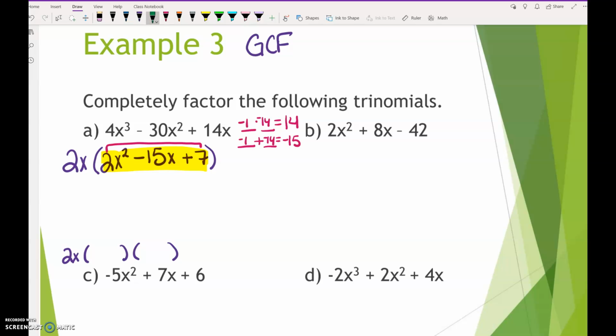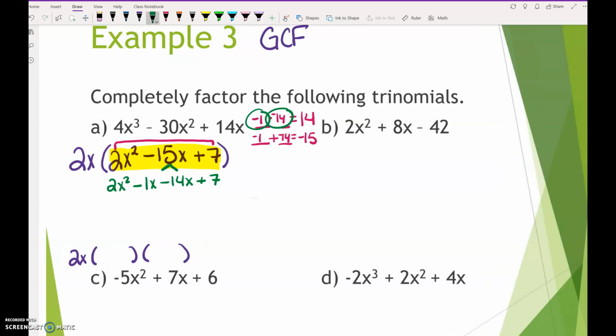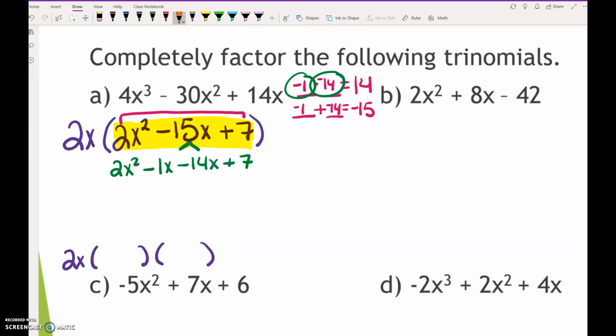Factor by grouping? So 2x squared minus 1x minus 14x plus 7. You're splitting that middle term into that negative 1 and negative 14. Split those 4 terms into 2 groups and then factor GCF.